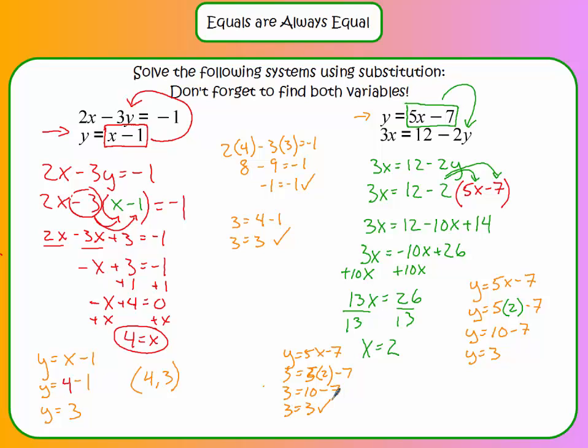That's true. Let's plug it into the other equation just to double check. And so we have 3 times 2 equals 12 minus 2 times 3. So 6 equals 12 minus 6, and 6 equals 6. That's also true. So the point 2, 3 is the solution to this system.